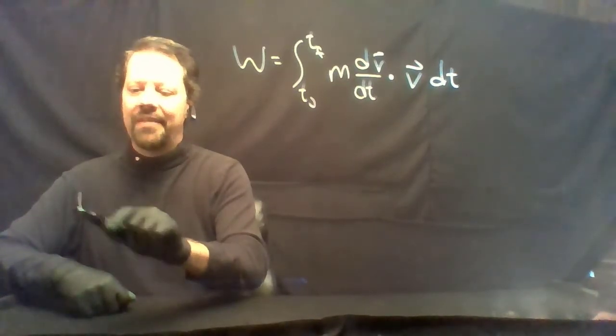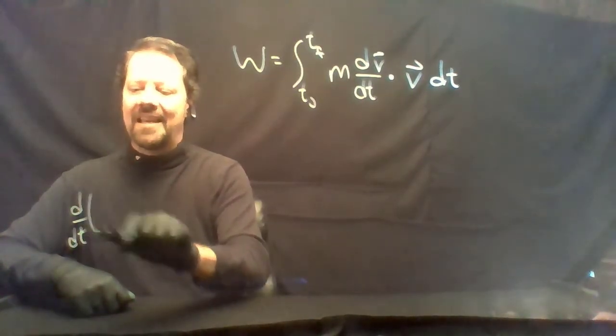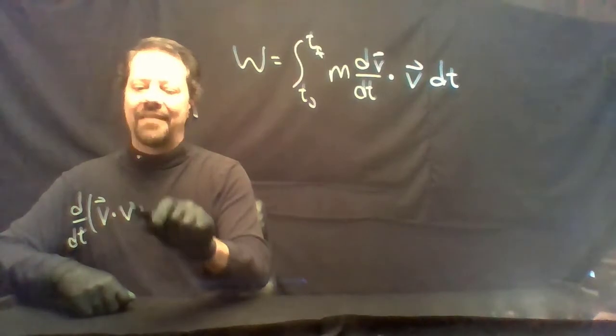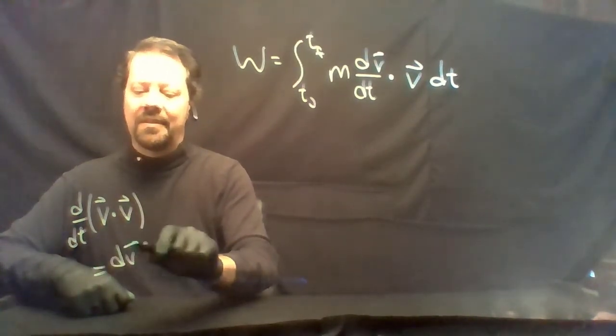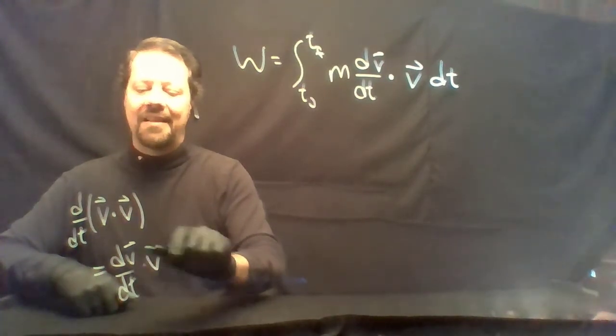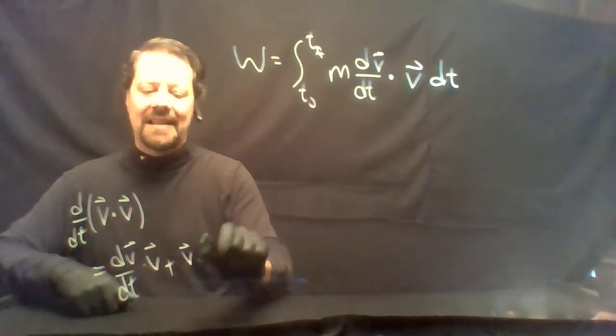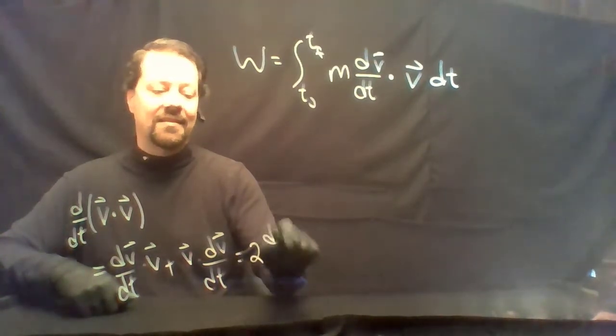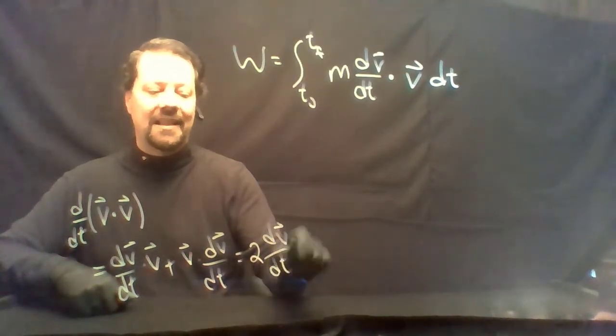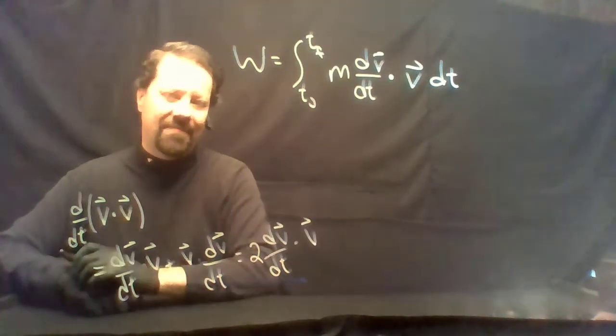If we take the derivative with respect to t of v dot v, the Leibniz rule would give you dv/dt dot v plus v dot dv/dt, and that's twice dv/dt dot v.